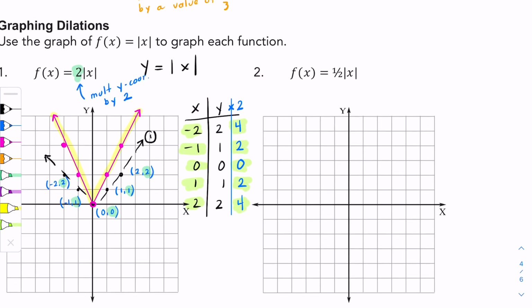Number 2 is the same parent function. The parent function is the absolute value of x. We have ordered pairs (-2, 2), (-1, 1), (0, 0), (1, 1), (2, 2). Here's our parent graph.